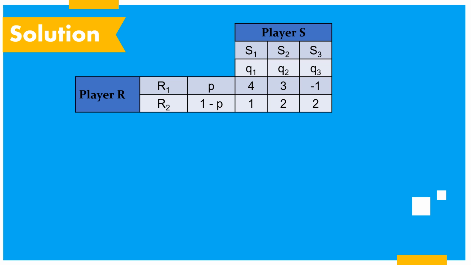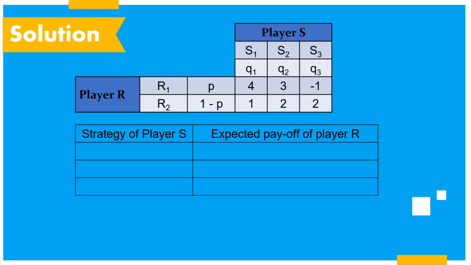First, find the expected payoff for player R. If player S chooses S1, then the expected payoff for R is 4p plus 1 times 1 minus p, which gives us 3p plus 1.